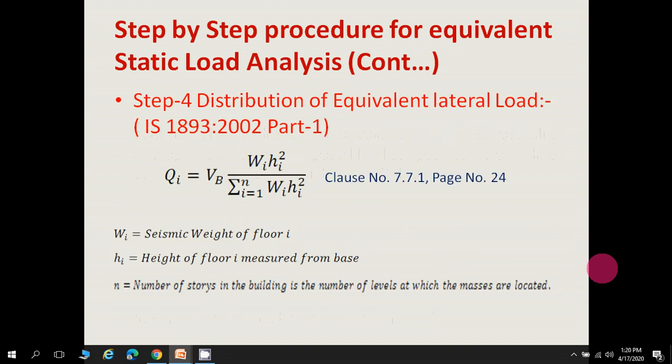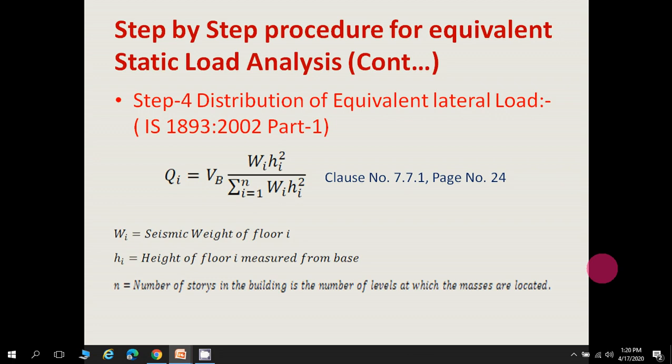Step number 4. After calculating the design base shear, the equivalent lateral load is to be distributed amongst the different floor levels. So Qi will be given as Vb, which is the design base shear, times Wi hi squared divided by the summation of i is 1 to n Wi hi squared, clause number 7.7.1, page number 24.